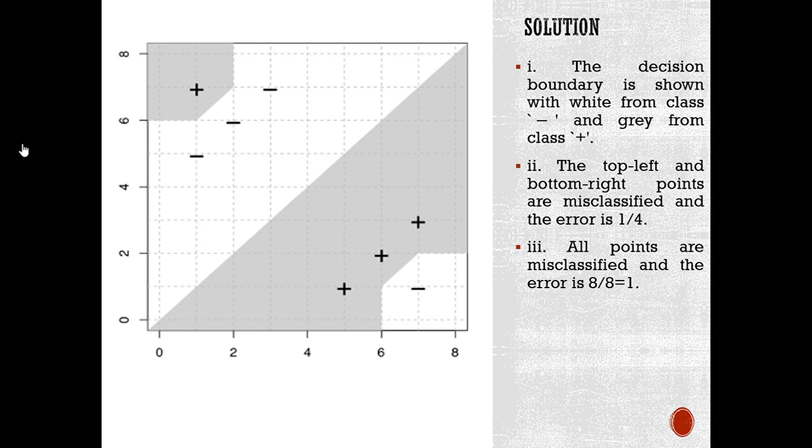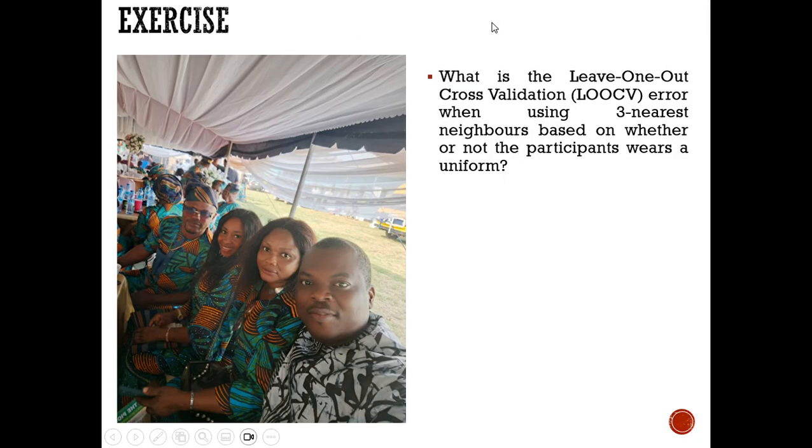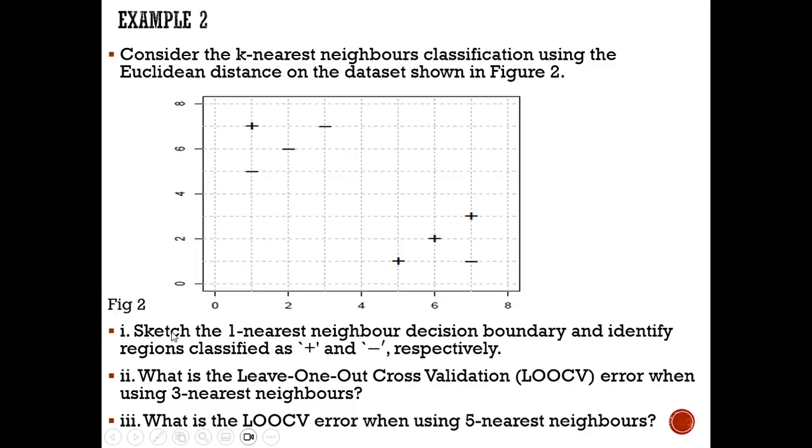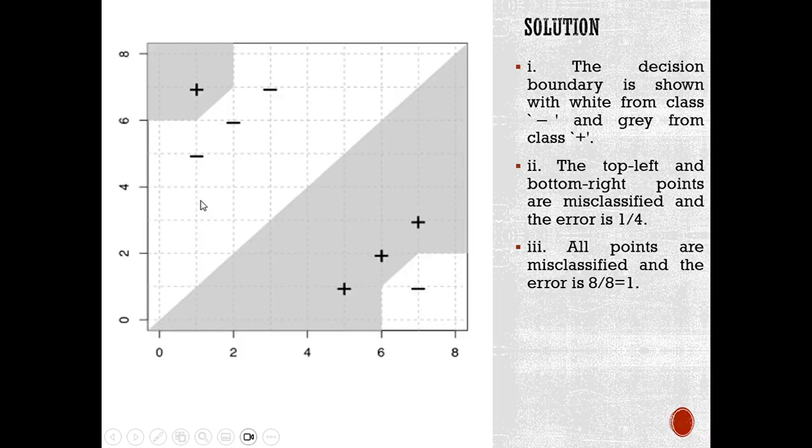Now let's look at the first question, which asks, what is the LOOCV error when using three nearest neighbors? Looking at three nearest neighbors, for every negative there's a positive associated with it, and for every group of three positives, there's one negative close to it.